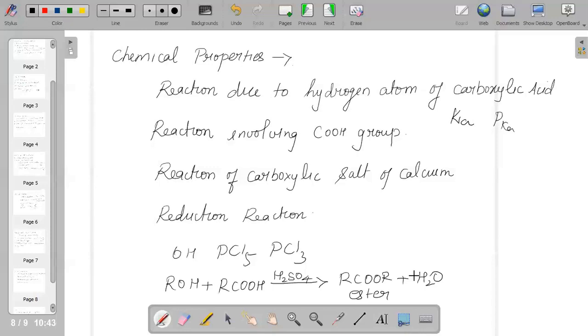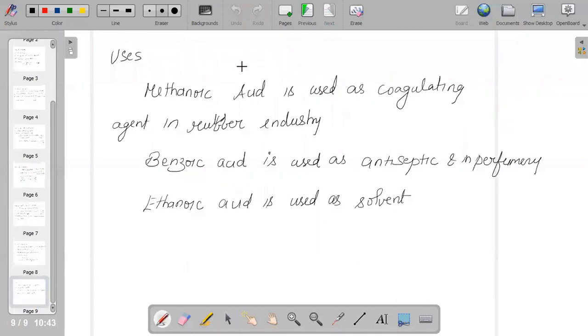A carboxylic acid can also react with ammonia, for example phthalic acid with ammonia, to give benzamide. So there are different reactions which a carboxylic acid can undergo. The reaction of the calcium salt of carboxylic acid helps in the formation of calcium carbonate and aldehyde.